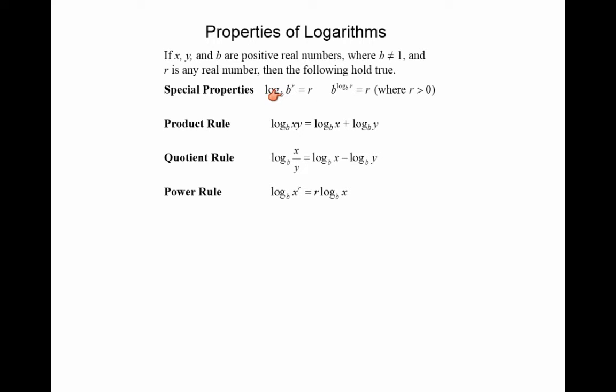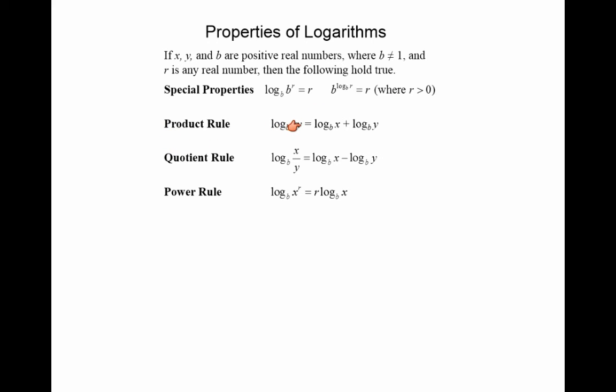If the base of the logarithm and the base of the exponential are the same, that is equal to just this exponent, r. And that should make sense because we have b to the power of r is equal to b to the power of r. Or also we have b to the power of log of r with the same base b, also that would be equal to r. That's the one property that we're going to use where r is greater than 0.